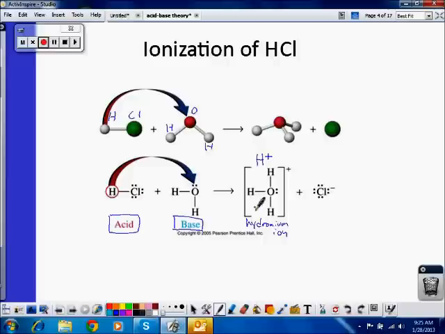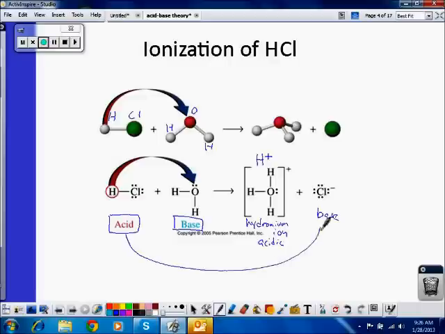Now the other thing you'll notice is that hydronium could donate a proton to Cl-, making hydronium acidic, and Cl- would be acting as your base. So whenever we look at Brønsted-Lowry acids and bases, we look at something called conjugate pairs.